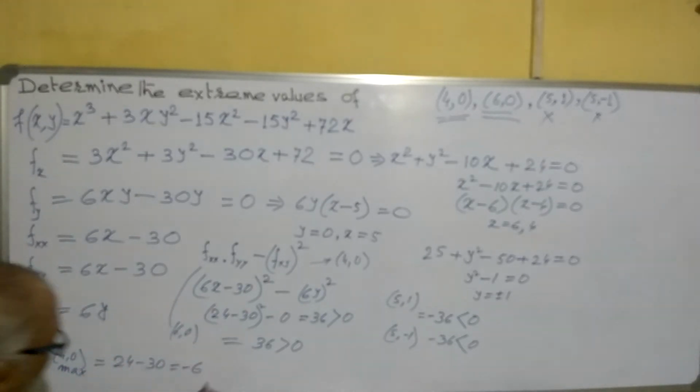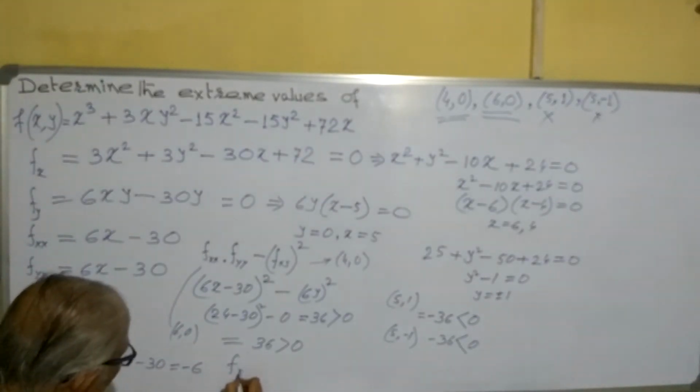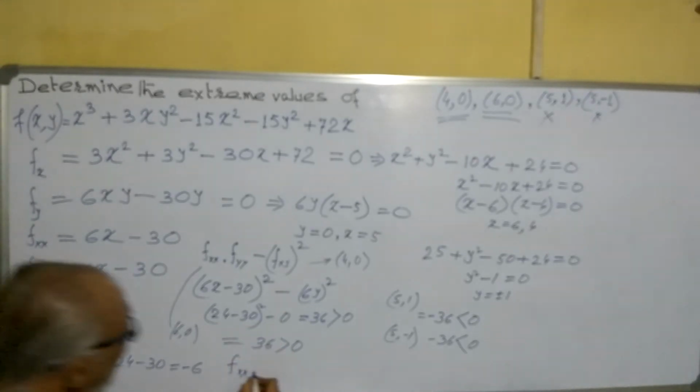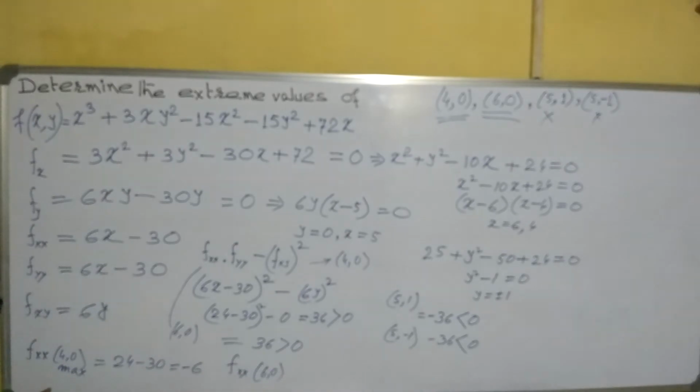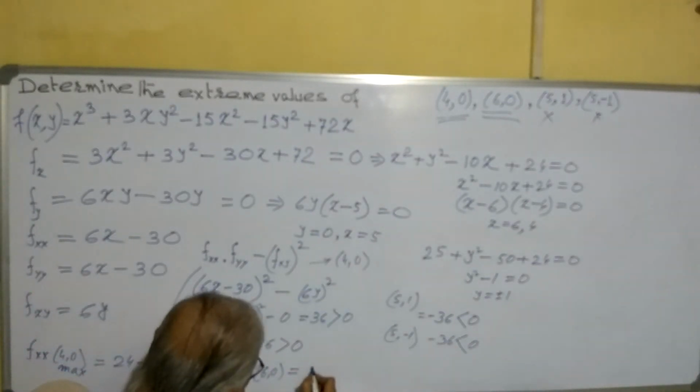Now we will check fxx at 60. At 60 we will get 6 into 6, 36, minus 30, that is equal to 6.